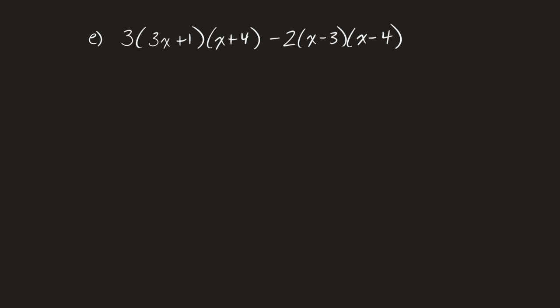Okay, we're back. So, as we talked about in problem 1b, the idea of having multiple products, that is something times something times something, and you can see that same thing happening in the second term, a -2 times x minus 3 times x minus 4.